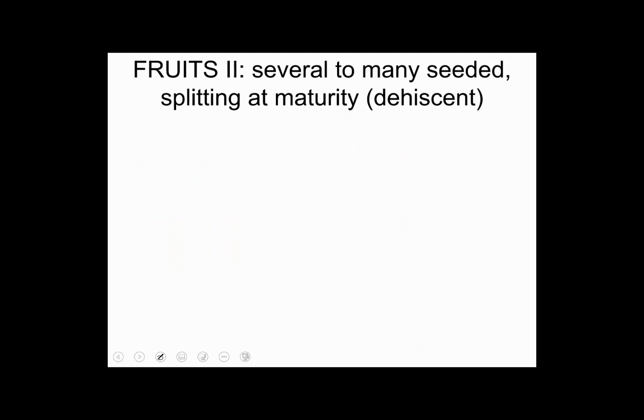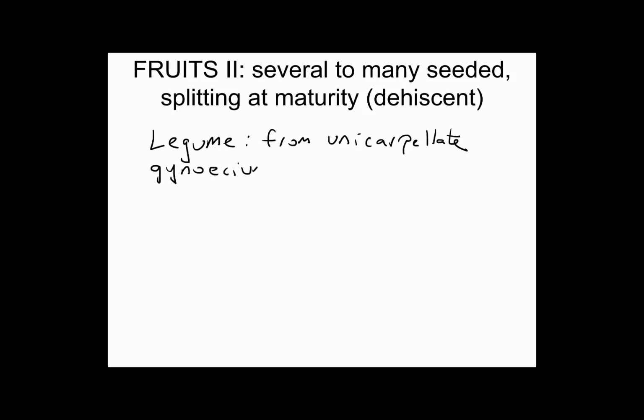So a legume is from a unicarpellate gynoecium. In fact, we already learned about a legume when we learned about gynoecium types, because they typify that. And the thing about legumes is when they split, they split potentially along two sutures, two lines.